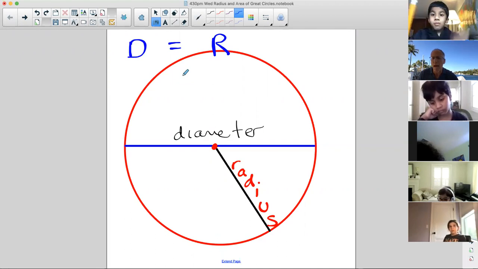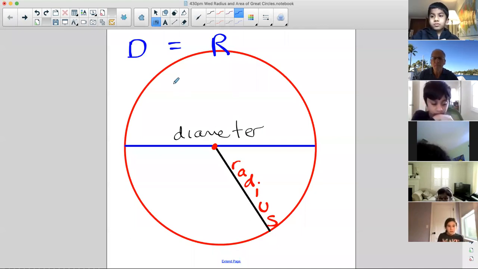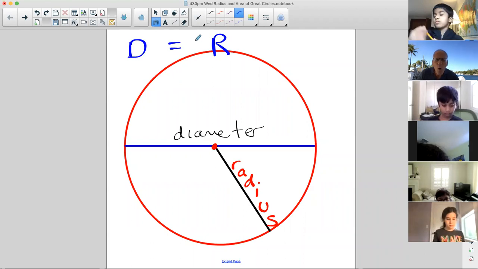Who can answer that? Raise your hand if you think you know. I'm going to go with Gabby. You have to multiply the radius by 2 to get the diameter. Right. So you multiply the radius by 2, everybody.